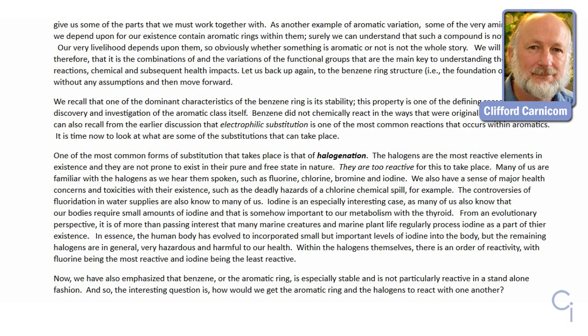Now, halogens is going to be another amazing sort of discovery process for us, in terms of their importance. And we'll need to cover them both at some point. But halogens are things like fluorine, chlorine, bromine, iodine. They are the most reactive chemical elements known. They don't exist in a free state in nature because they are so reactive.